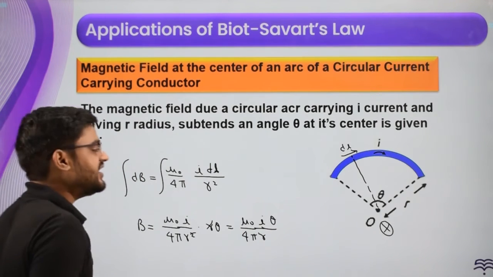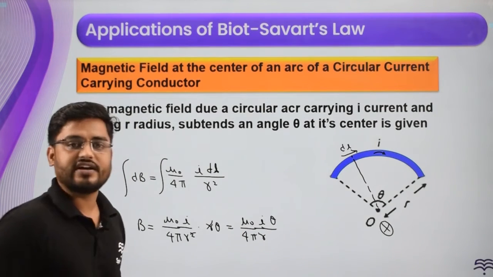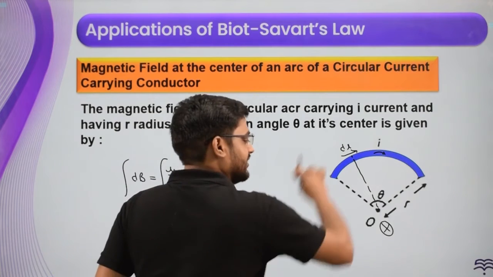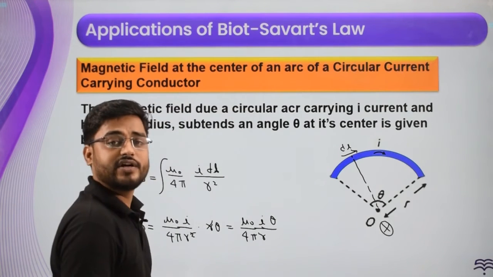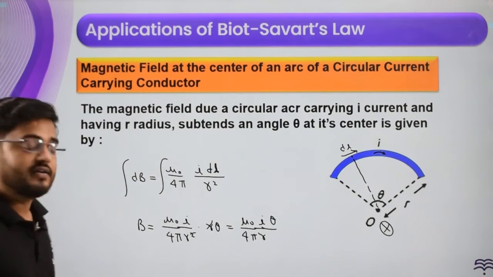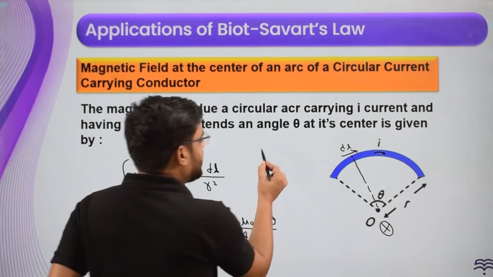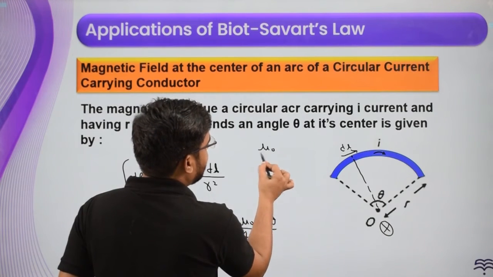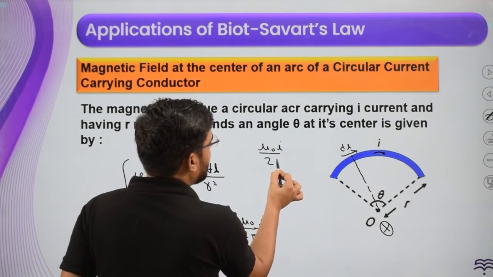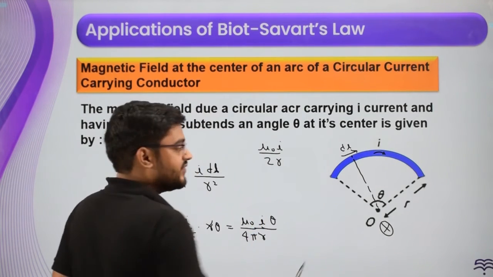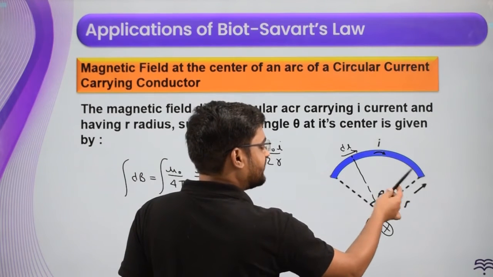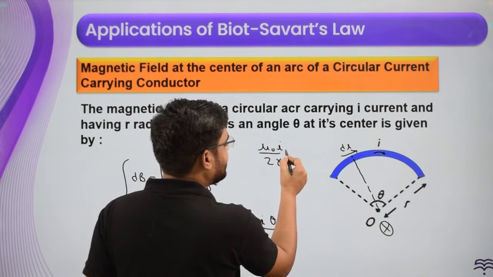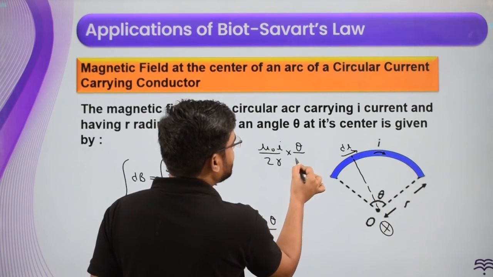Now there is another way to remember it. Due to the entire coil, the field at the center was mu naught I by 2R. Now we just have the theta part of that out of the total, which is 2 pi, so we multiply by theta upon 2 pi.